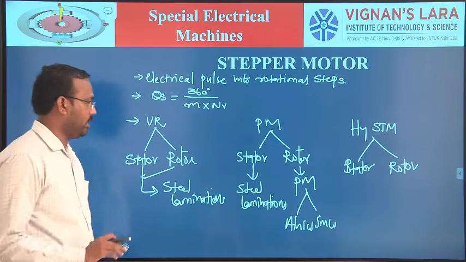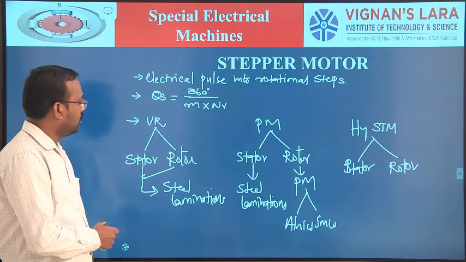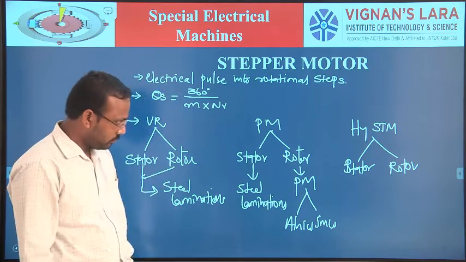Next one, the hybrid stepper motor. As already stated, the hybrid stepper motor is a combination of variable reluctance stepper motor and permanent magnet stepper motor.